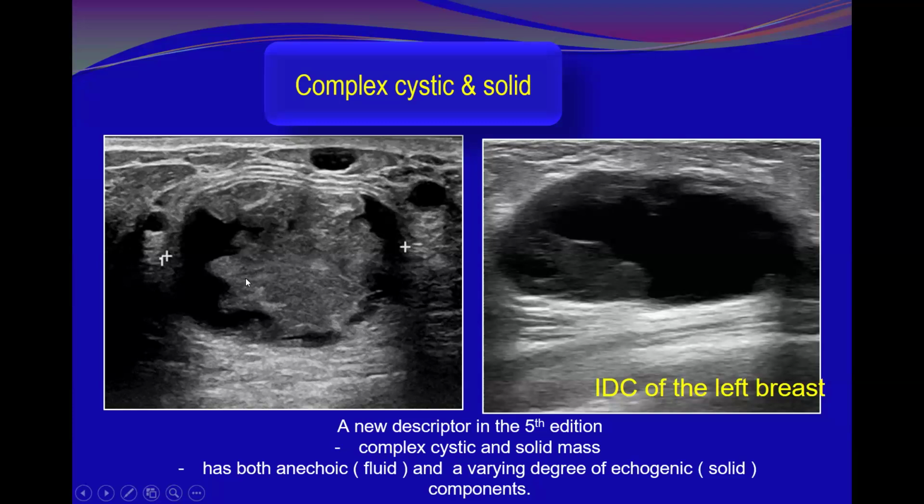The 6th edition has not been seen yet. The 5th edition added this complex cystic and solid descriptor, which contains a fluid, anechoic component and an echogenic solid component.